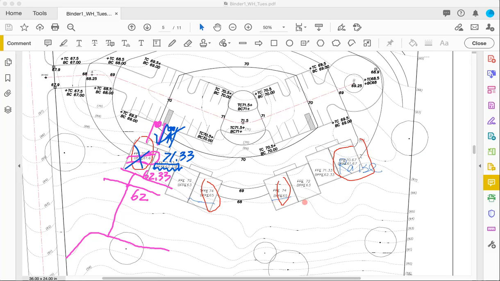So it's time first to fix your parking lot contours so that you know more confidently what these elevations are, what these elevations are that lead to the walkway and the units.